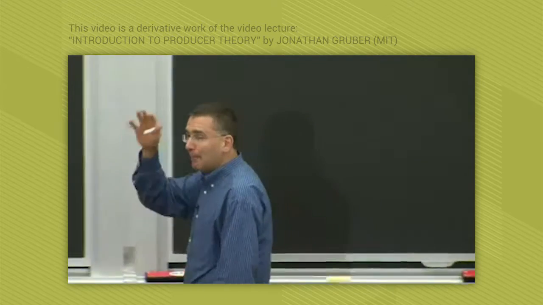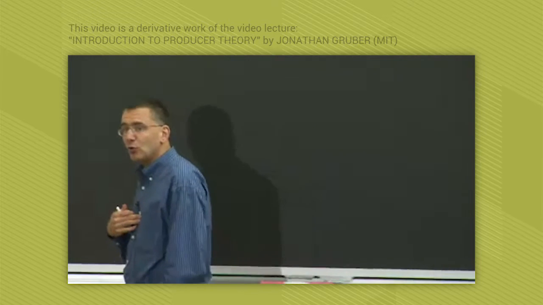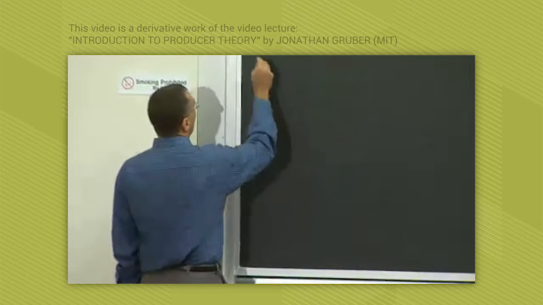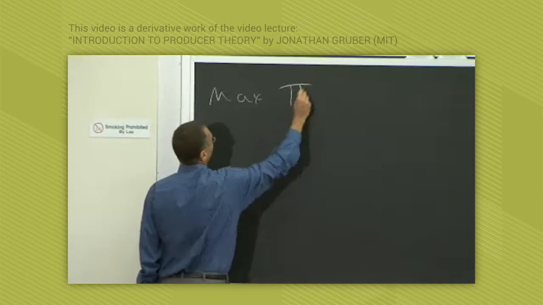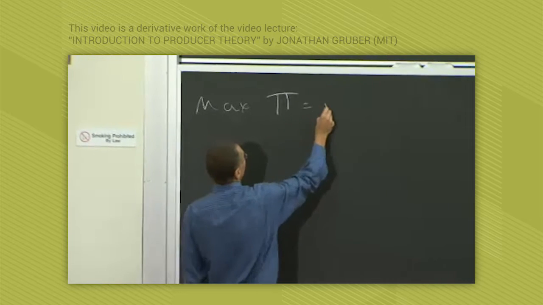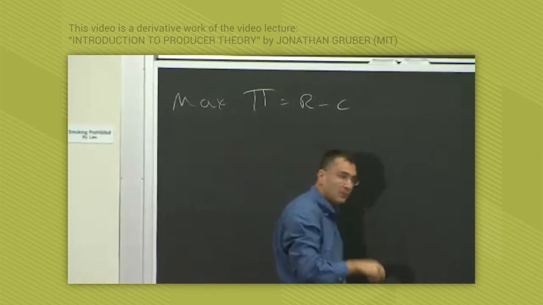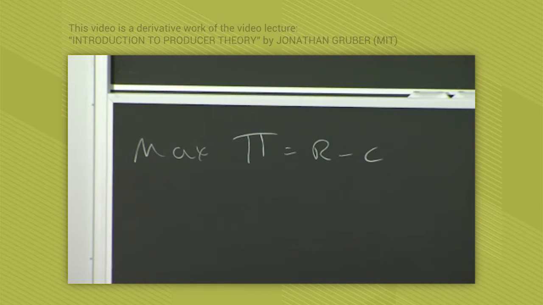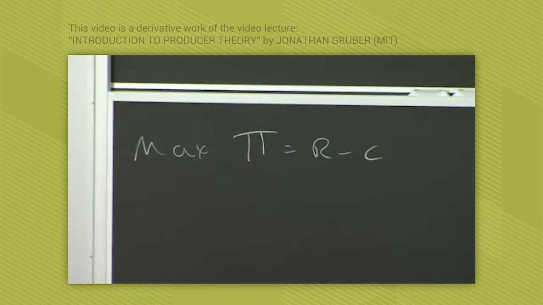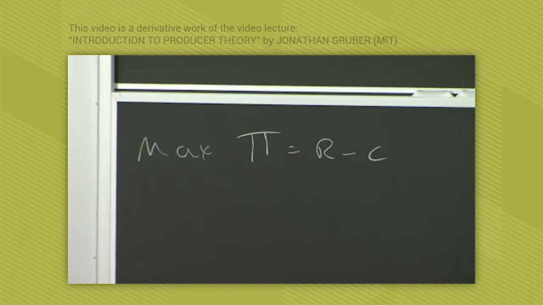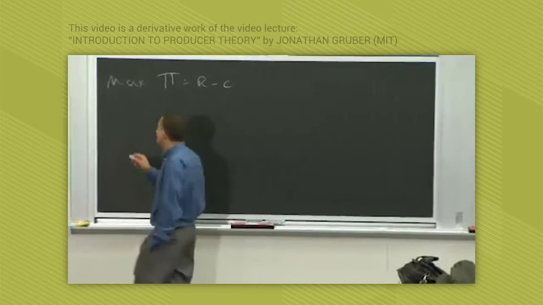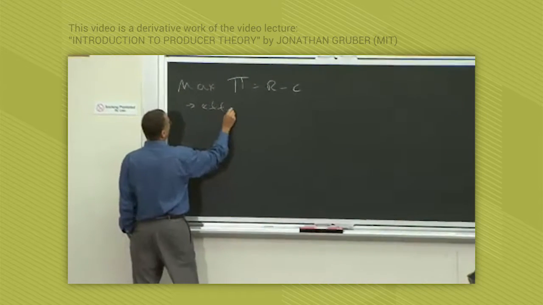And that black box, that firm, just as individuals have a simple goal, which is to maximize their utility, producers have a simple goal, which is to maximize their profits. And profits are defined as revenue minus costs.